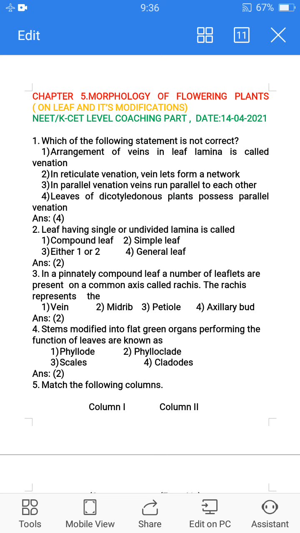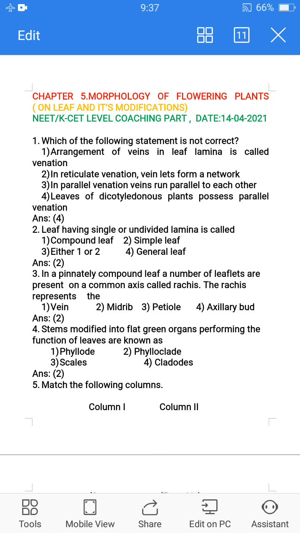Understand? So then the rachis represents. Let us see options. 1. Vein. 2. Midrib. 3. Petiole. 4th one, axillary bud. So the axis or rachis is representing the midrib. From the midrib, a number of leaflets are emerging.